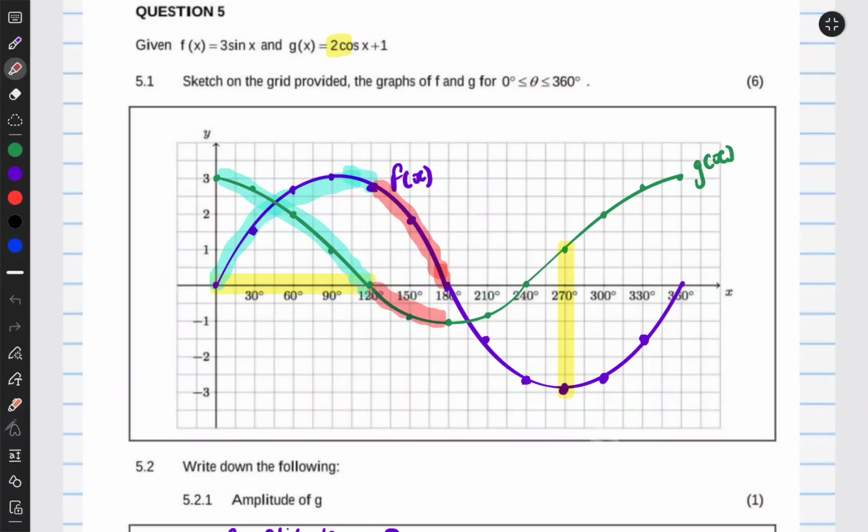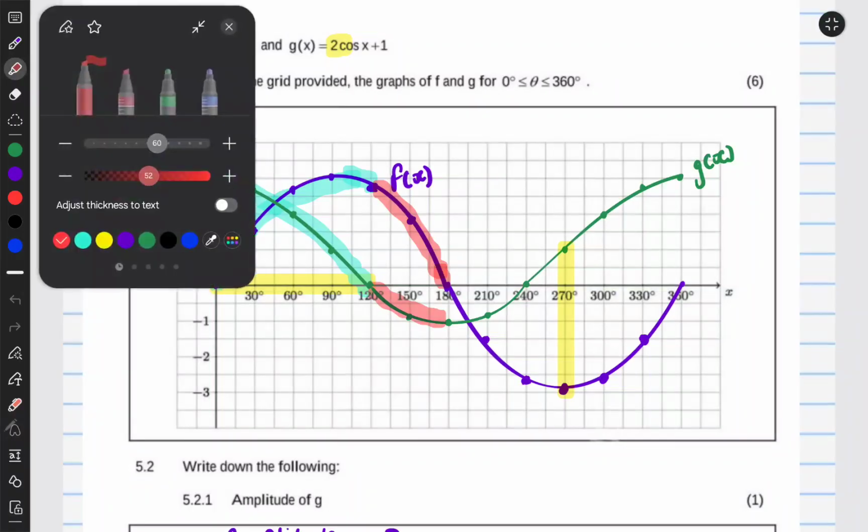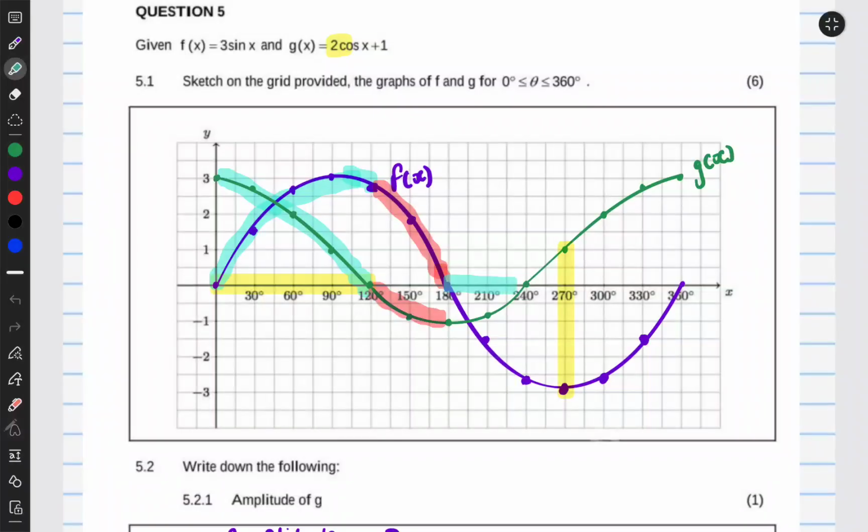And then we get there at 180 degrees. Now f at x is also negative and g at x is also negative. So from 180 all the way to 240, they are both negative, so that is going to work. But once we get to 240, what happens now? From 240 g at x becomes positive.